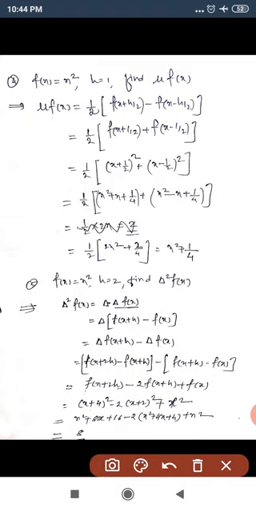And h equal to 2, so 2 into 2 is 4. F of x plus 4 is (x plus 4) whole square, since f of x is already defined. Minus f of x plus h, that is f of x plus 2, which is (x plus 2) whole square. And f of x is already given, x square. If we simplify the bracket terms using (a plus b) whole square, we get the answer.